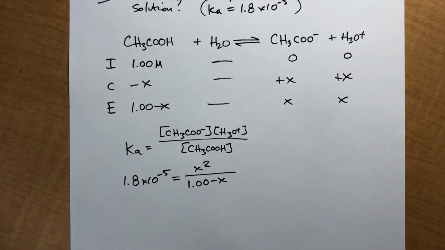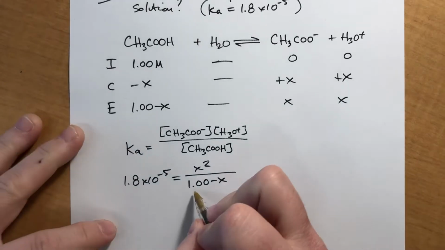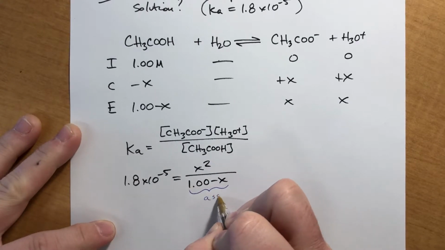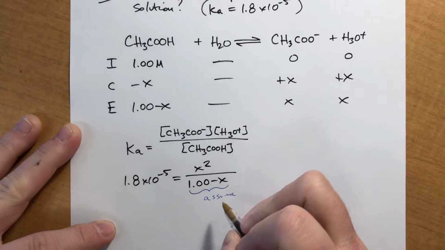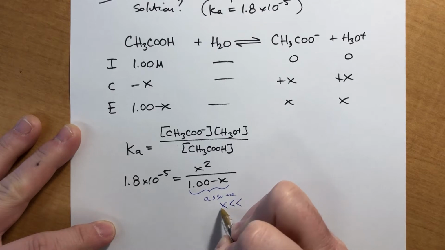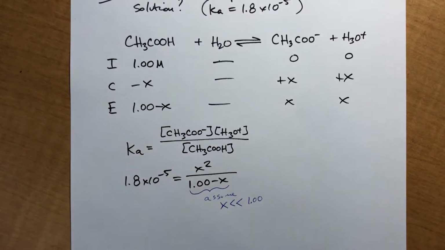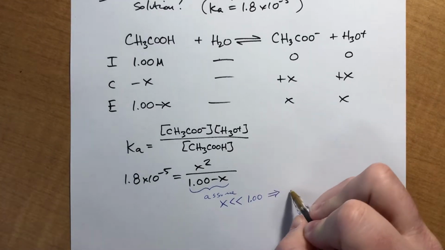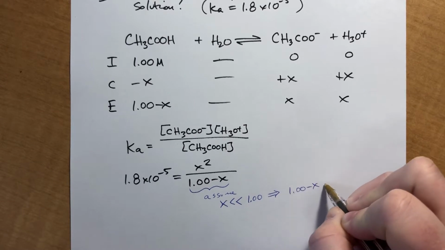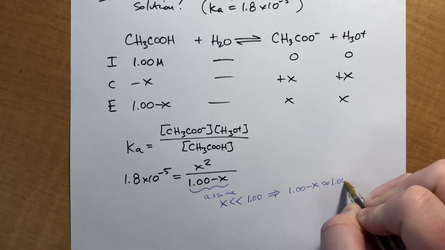The thing I'm about to do is not always true, and I will discuss how to figure it out at the end of this example, but we are going to assume that x is significantly smaller than 1. In other words, 1.00 minus x is essentially equal to 1.